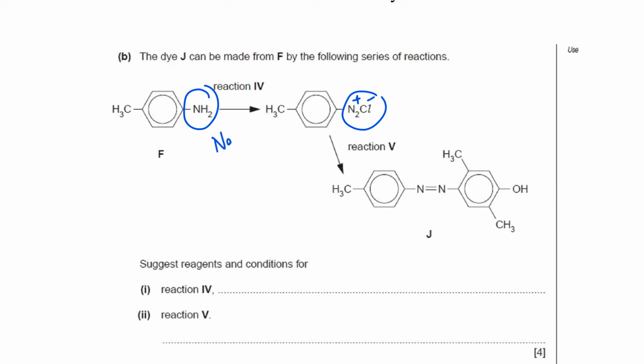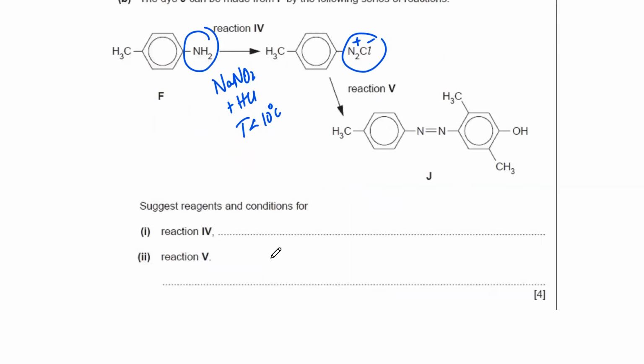It's NaNO2 plus HCl, and the temperature has got to be less than 10 degrees centigrade. That's one. And then he says that this dye is made. Now he's going to ask you to suggest the reagents for reaction number 5. What has been added? Remember, this is your activated benzene.